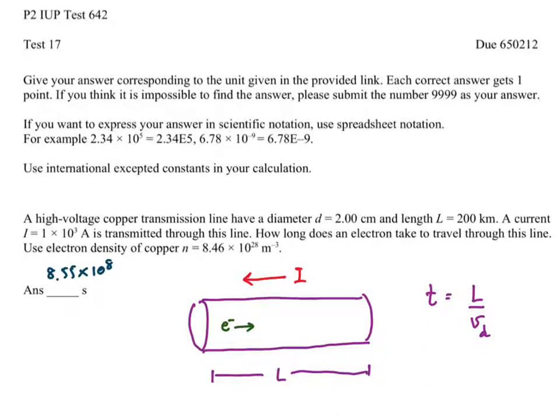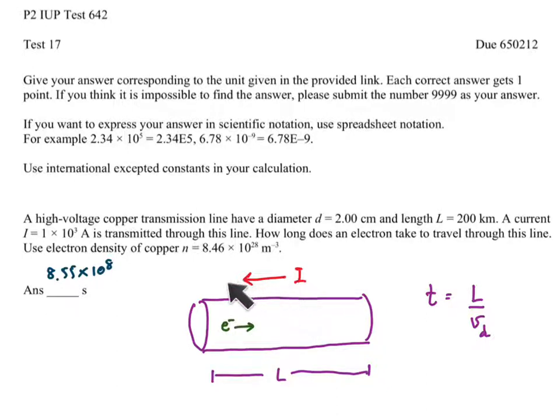Use electron density of copper N equal to 9.46 times 10 to the 28 per meter cube. In this problem, we know that when there is a current passing through a wire, it means there is the motion of charge, and in the conductor, like copper, the charge that moves is the electron.